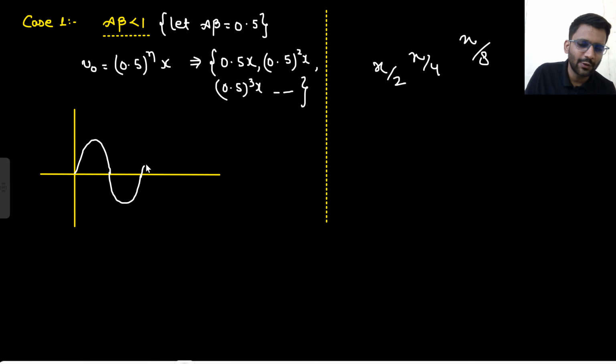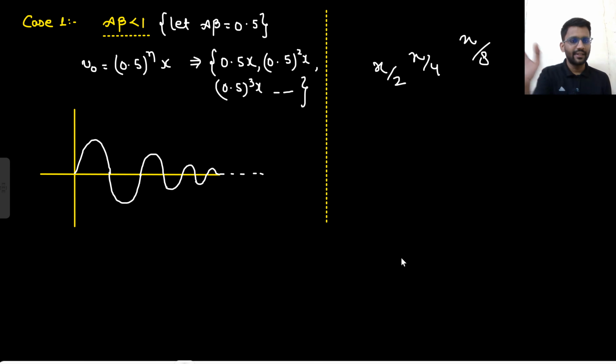First you will have some oscillations, but since the output is continuously decreasing, eventually these oscillations will die out. At the steady state, oscillations will die out. Because of the feedback, the oscillations were there, but slowly they died down, because your A beta was less than 1.